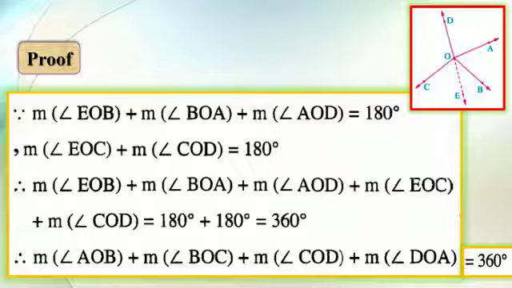And the measure of angle EOC plus the measure of angle COD equals 180 also. Okay, then the sum of all these angles equals 180 plus 180, which is equal to 360.